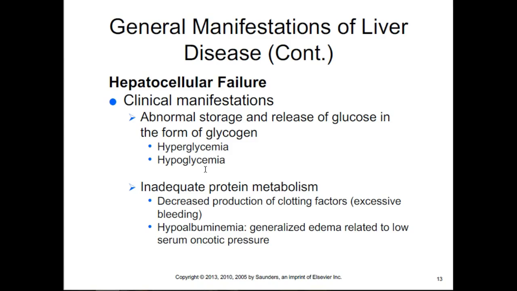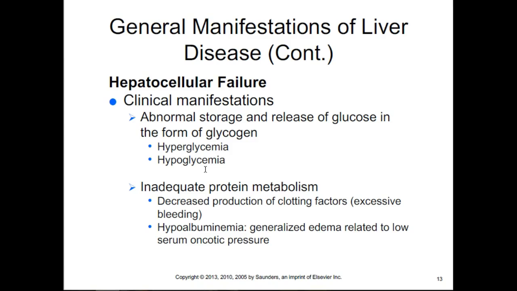However, in the liver, we have an enzyme called glucose 6-phosphatase that can actually take the phosphate group off and make glucose and deliver the glucose to your blood circulation. So your liver can contribute to your glucose levels in your blood. So you can have hyperglycemia, right? Or if it doesn't function, then you have hypoglycemia. So it's really important for you to understand that as well, right?